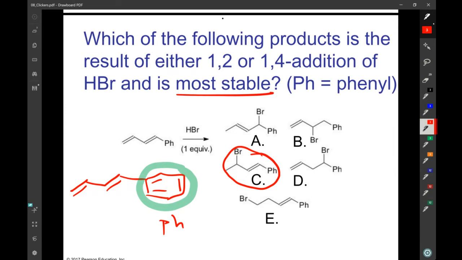When I look at structure A, it will be interesting if we could draw the whole phenyl group. Okay, let me draw A out completely.